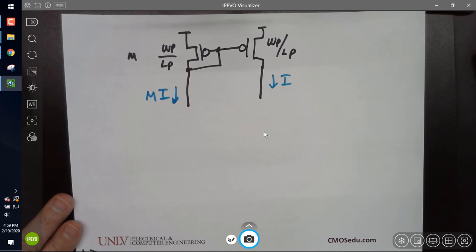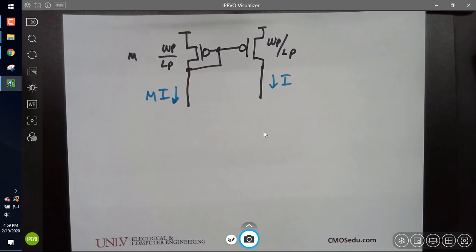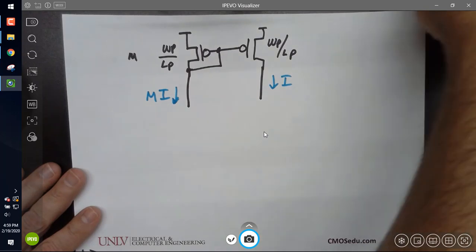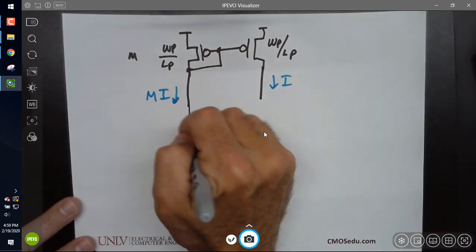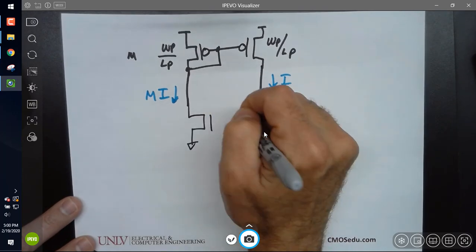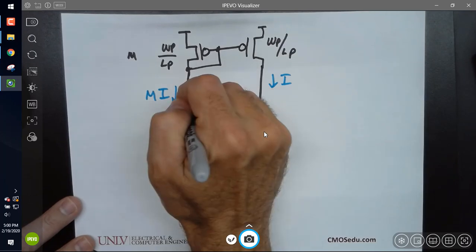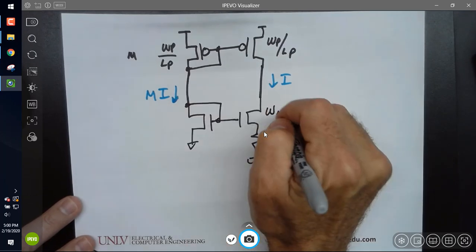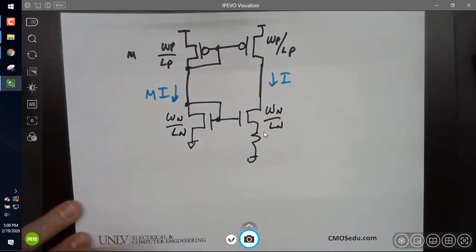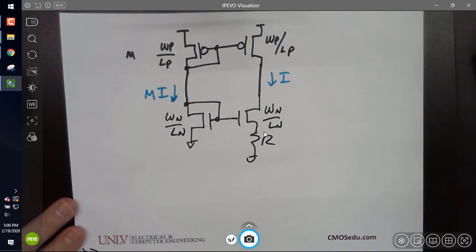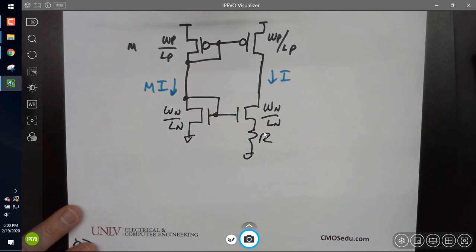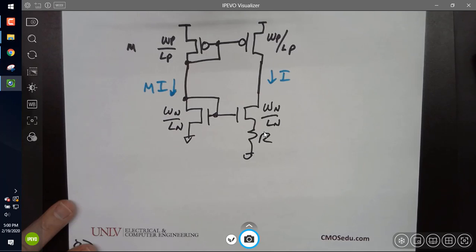Because I made this m times wider, m of them in parallel. Okay, so then I come over here. And in this circuit, I'm going to make this Wn over Ln, and this one Wn over Ln, and they're going to be exactly the same size. I want you to derive an equation for I.